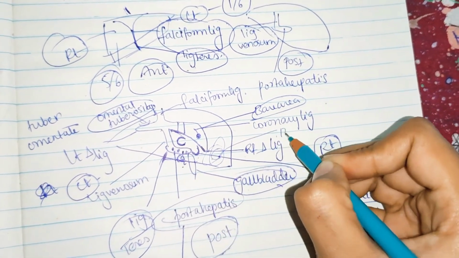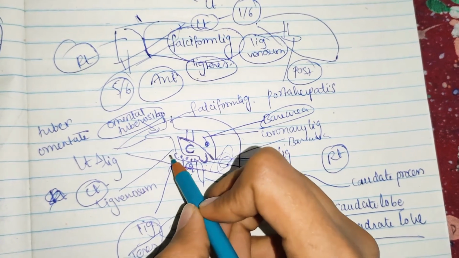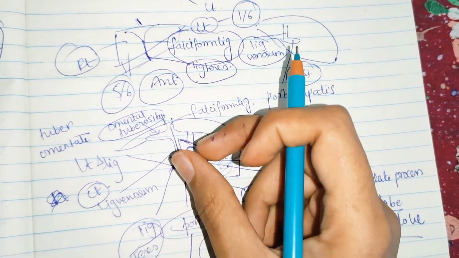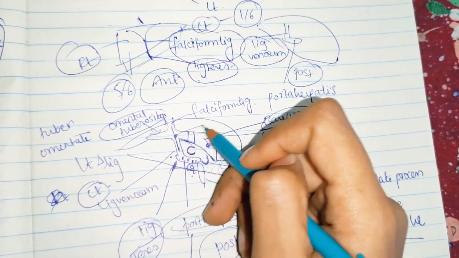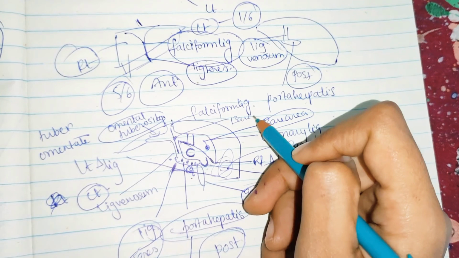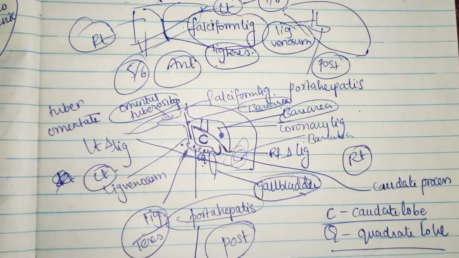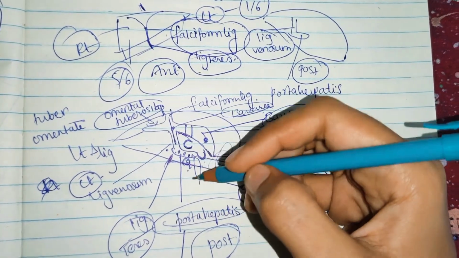Also beside the porta hepatis this is a bare area, and even the area in between the ligaments is also a bare area. So bare area means there is no peritoneum over there. That you need to see. Why is this called a bare area? Because here the lesser omentum attaches.